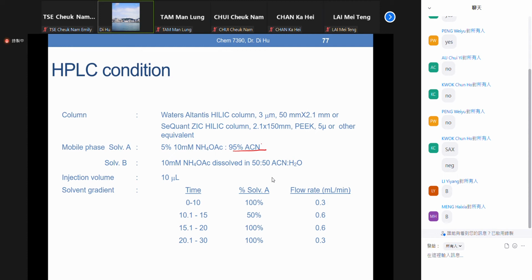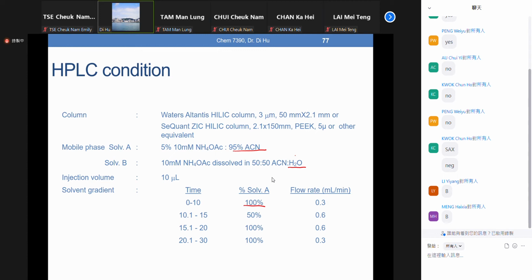Okay, so it means it starts with a low polarity organic phase, and then switches to phase B. Phase B contains 50% of water. So therefore this is more polar. Now phase B is more polar, phase A is less polar.